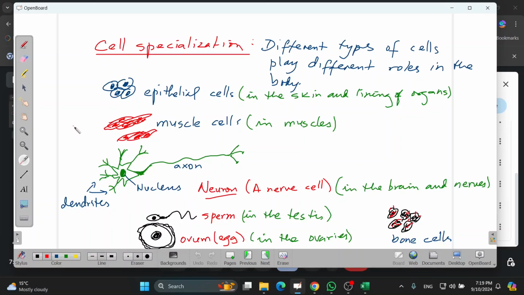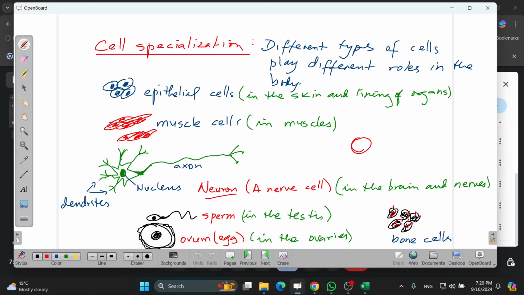For example, if we need an epithelial cell, or a fat cell, or a blood cell. Yeah, I didn't mention blood cells. How could I have forgotten those?